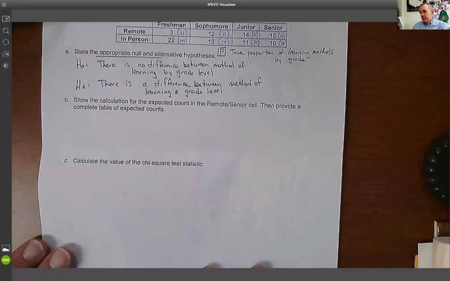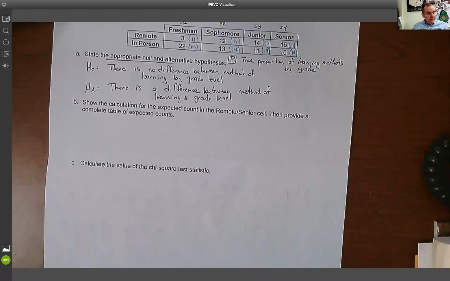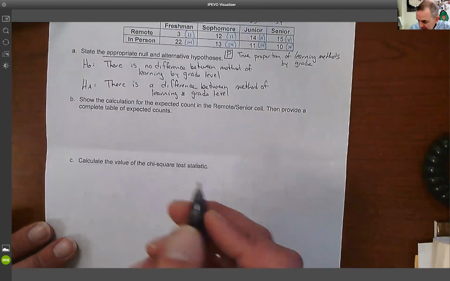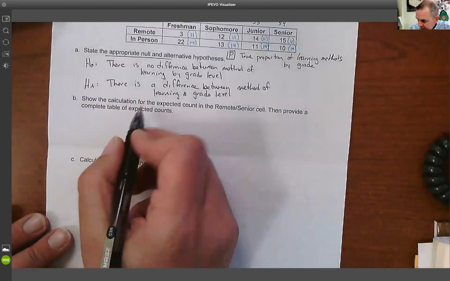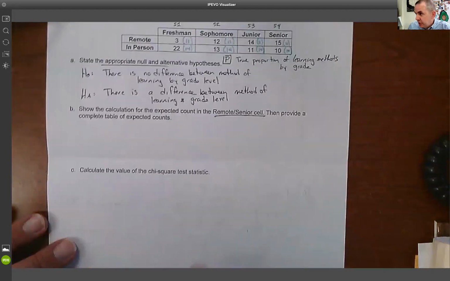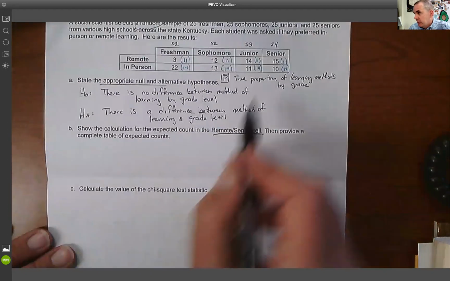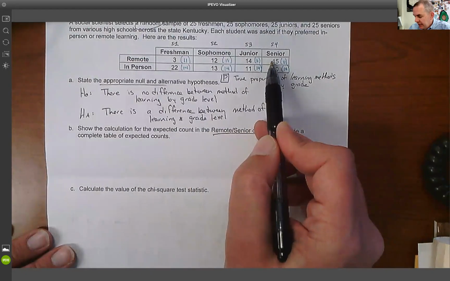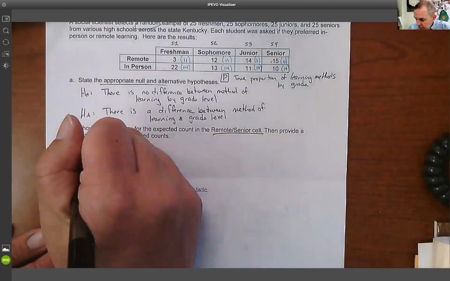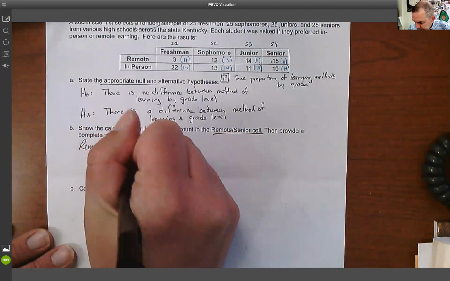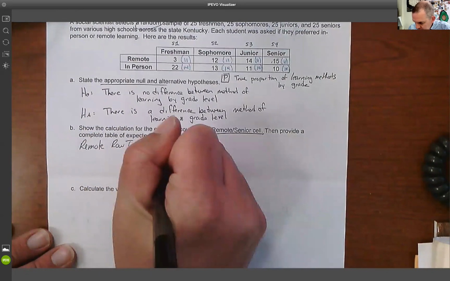So now I've done my checks. Now I can run my chi-squared. Show the calculation for the expected count in remote senior. So again, let's go over this to show how you get remote senior. So remote and senior right here. If you want to look at that row total, the row total for remote is equal to 44.